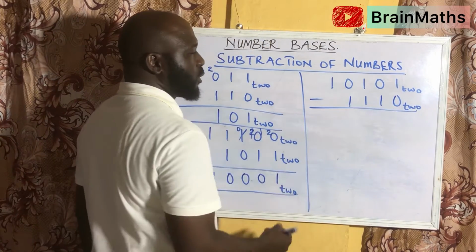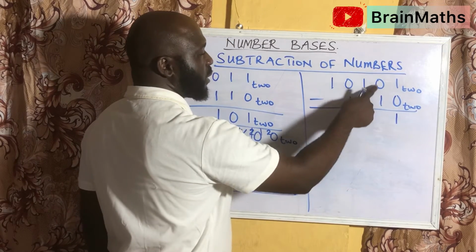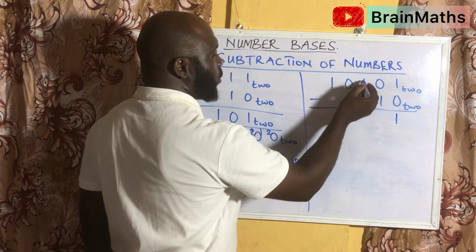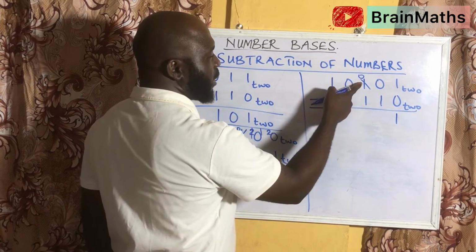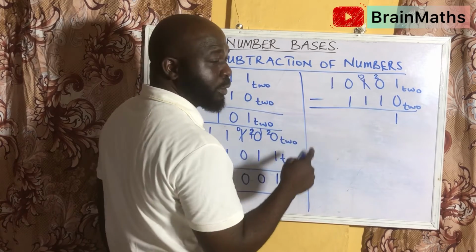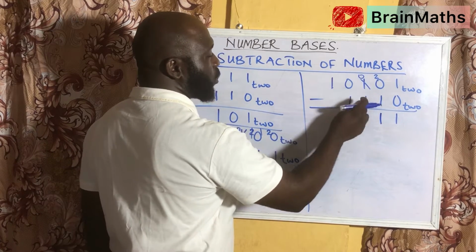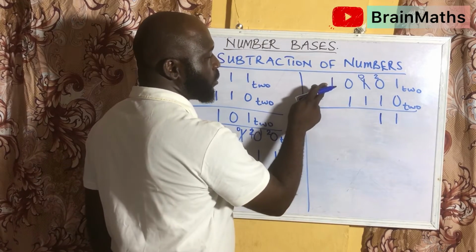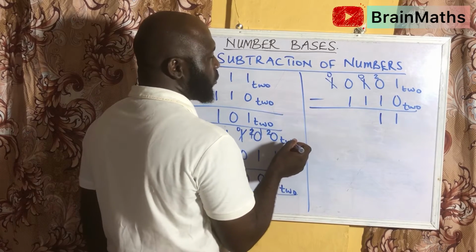So let's do this subtraction. 1 minus 0 is 1. 0 minus 1 is impossible. Come to this one, take the 1, it remains 0. Then we put the 1 here in form of 2 because we are working in base 2. 2 minus 1 is 1. 0 minus 1 is not possible. So we come to this last one, take the 1, we are left with 0.